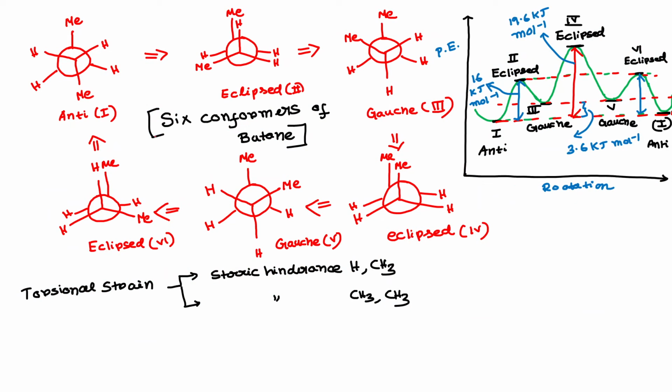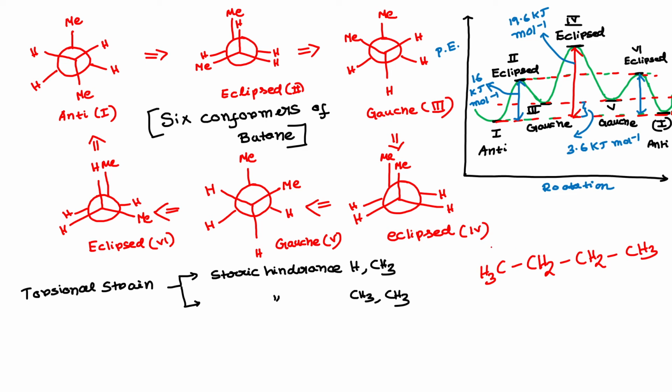So you can see that these are the 6 conformers that are formed in case of butane, by the rotation around the C2-C3 sigma bond. Again, I am just drawing the molecule for your convenience: the butane molecule, CH3, CH2, CH2, CH3.